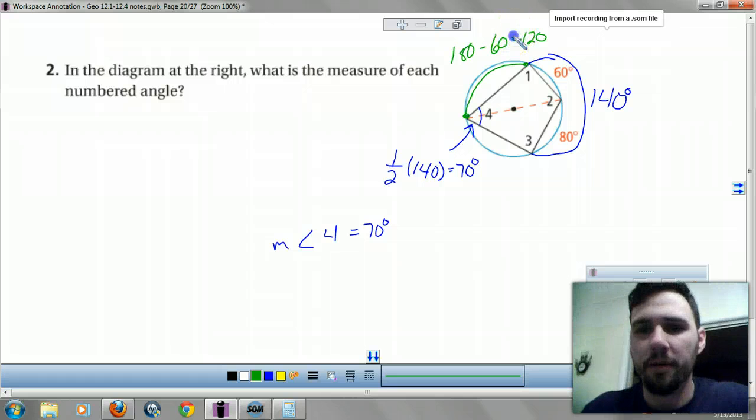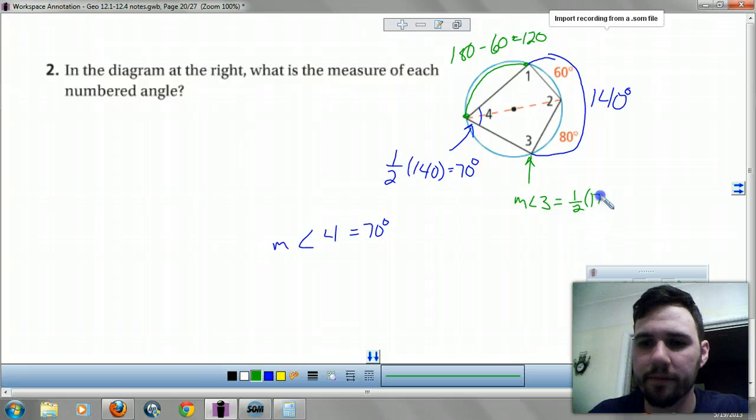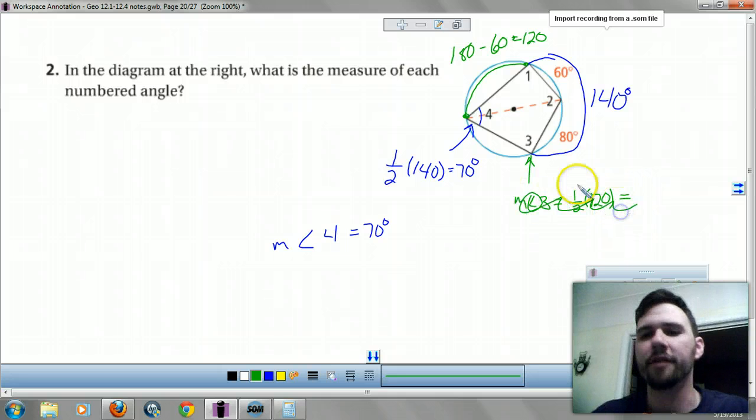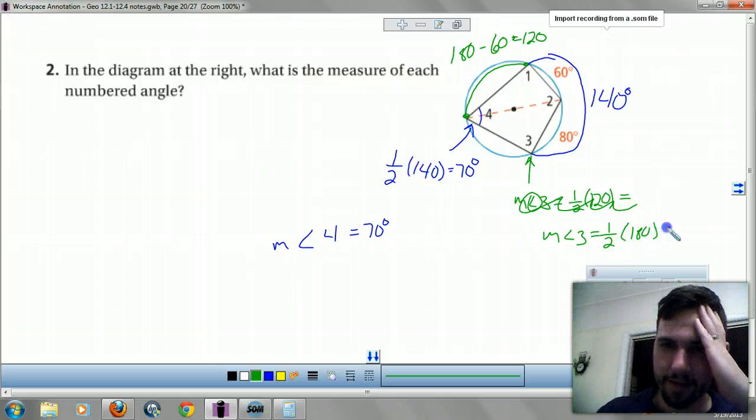I get that from these having to add to 180. So that tells me that angle 3 is going to be half of 120. I'm sorry, not half of 120. I didn't need to find that. Since it makes up a diameter, the measure of angle 3 is half of 180, which is 90.